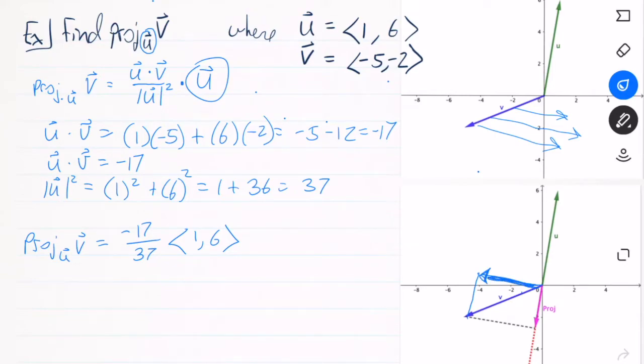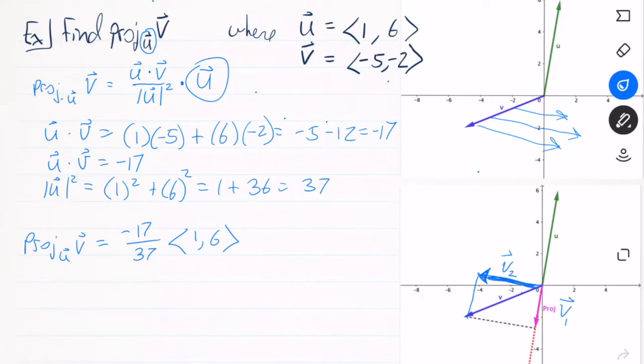Now there's two ways to go about this. We can go the long way and find the projection of v onto a perpendicular vector, or orthogonal vector, to u, and that gets kind of tricky. Or we could be a little bit smart about it. Let's call this vector v sub 2. Let's call the projection v sub 1.